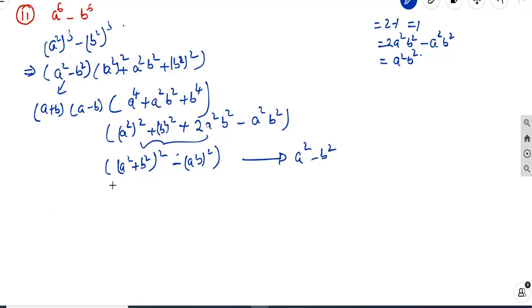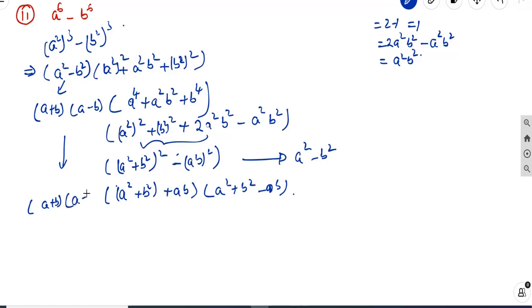So this becomes a square plus b square plus ab as one term, and one more term is a square plus b square minus ab. So you have to write it down like that only, there are no changes in this. So this one will be a plus b, open the bracket, a minus b.